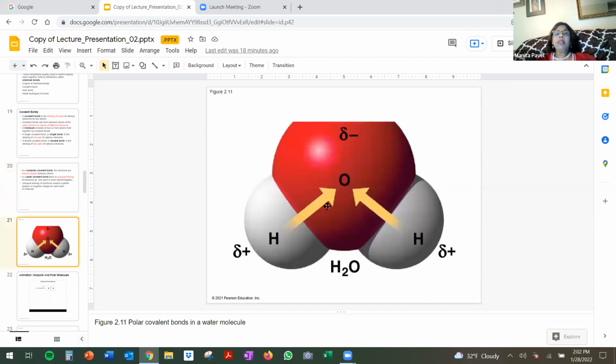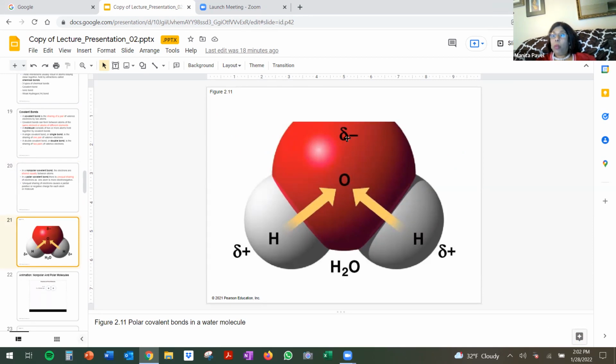So when you look at the slide here, water consists of two hydrogens with one oxygen atom. And always remember, this symbol in Greek is delta. Hydrogens are always electropositive. Oxygen is always electronegative.